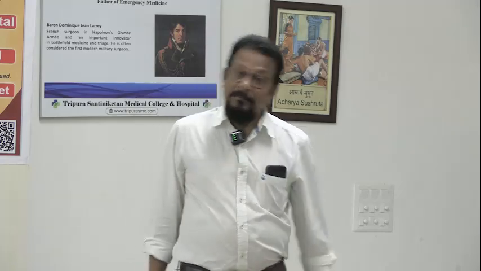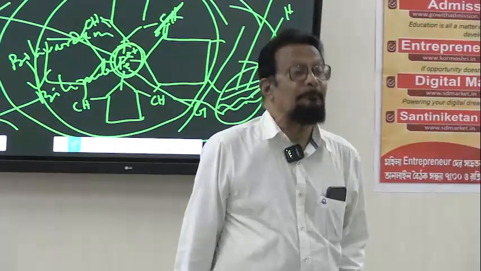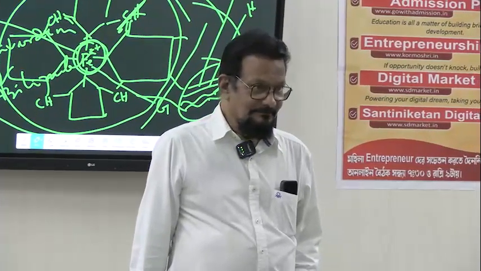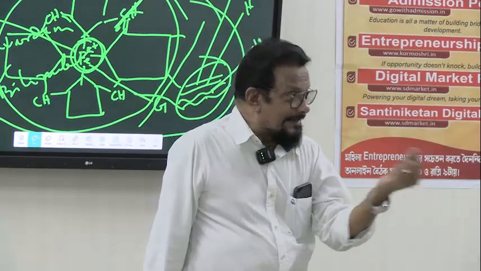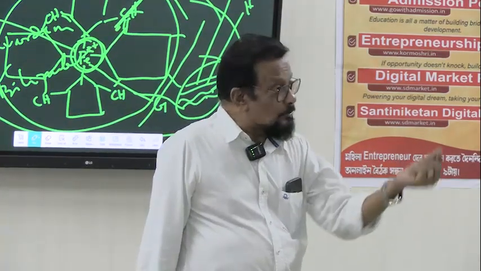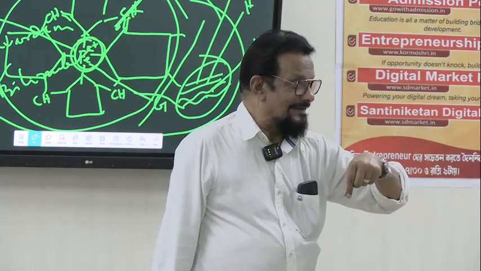Now it is soluble. One of the important functions of the liver is that it produces bile. Now the liver will secrete this conjugated bilirubin into bile.